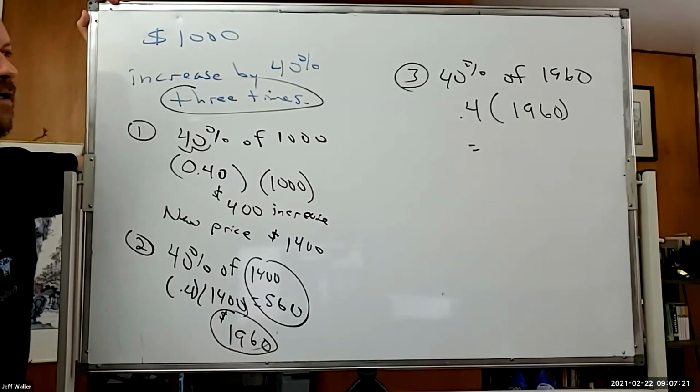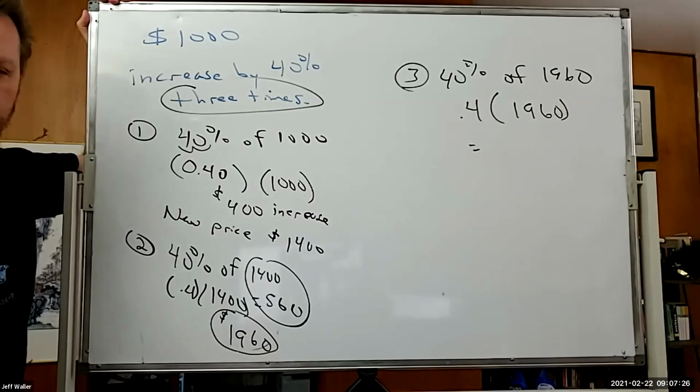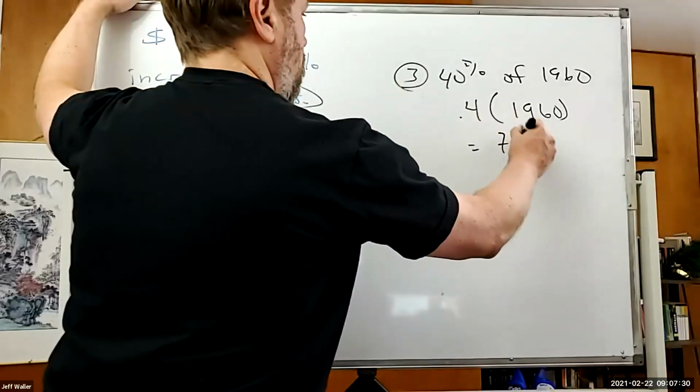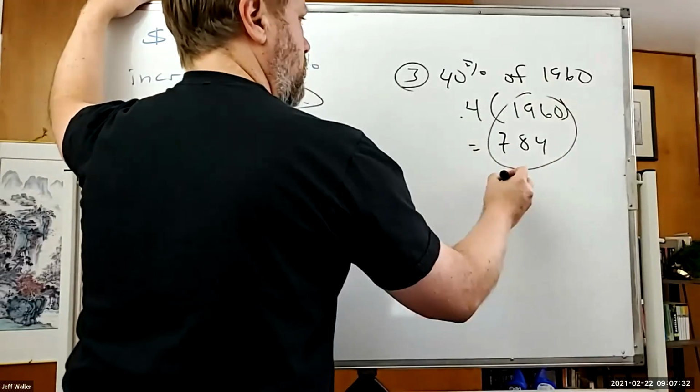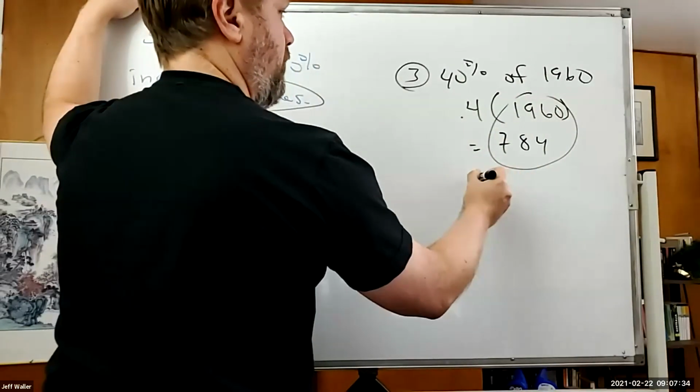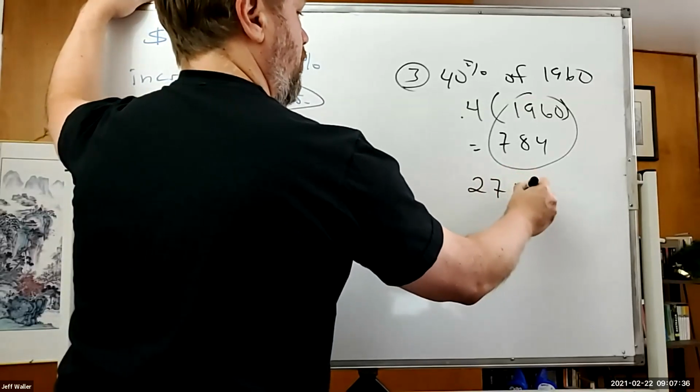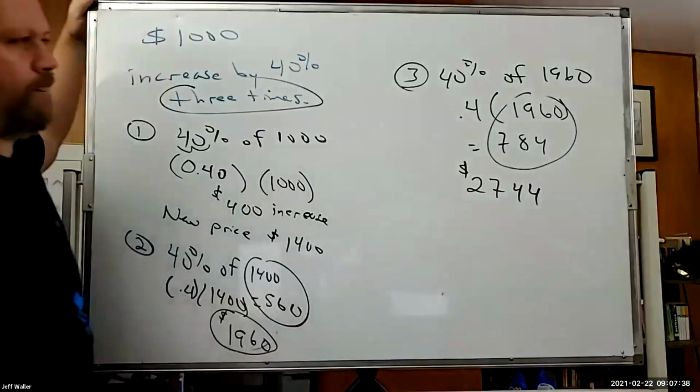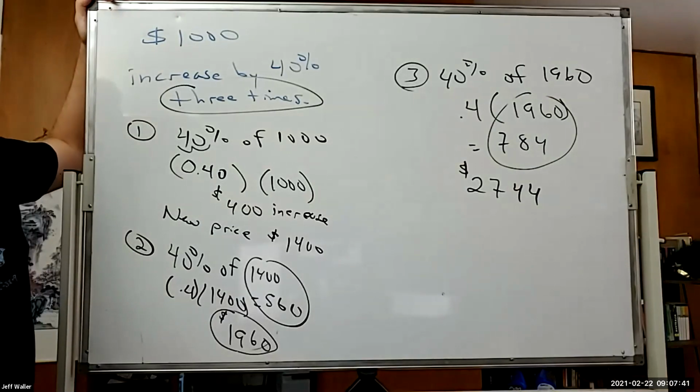No, it's 784. And then I add these together to get the increase, right? So I get 2744. Is that right? I think so. Okay.